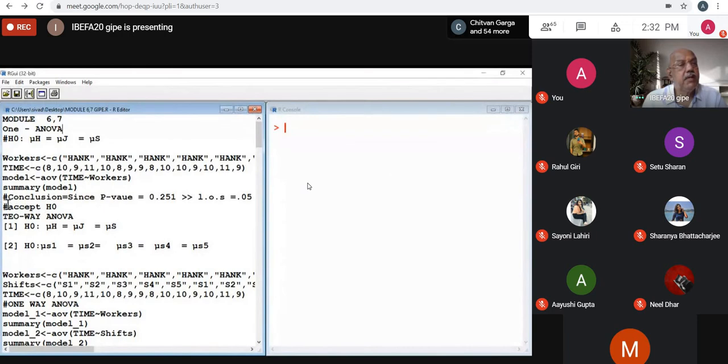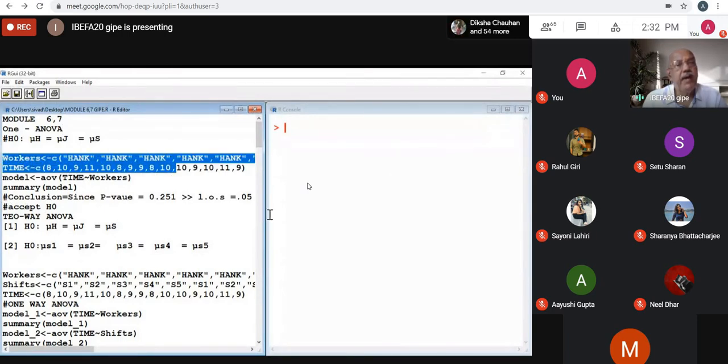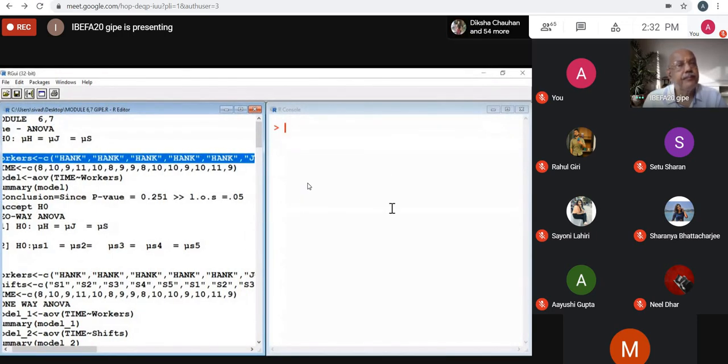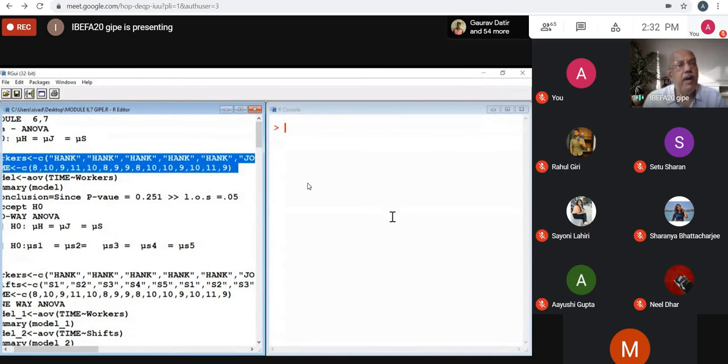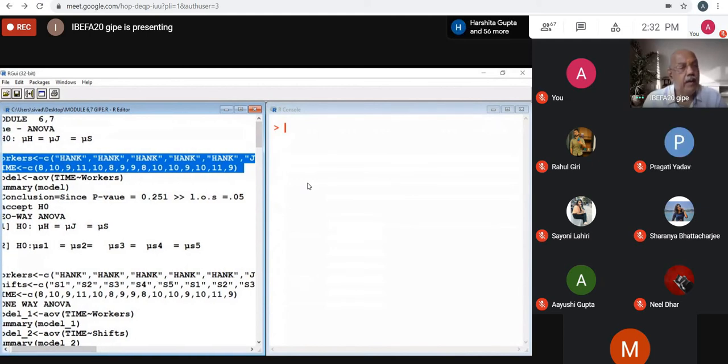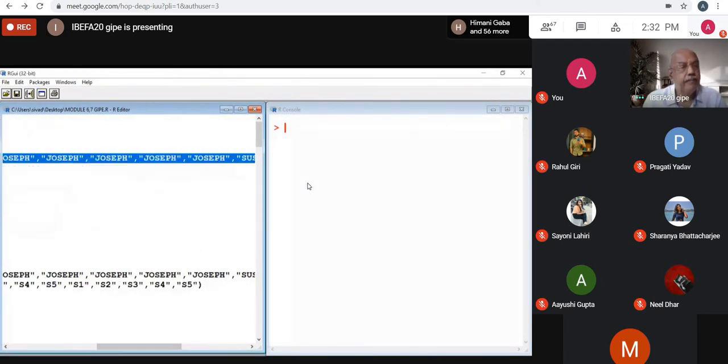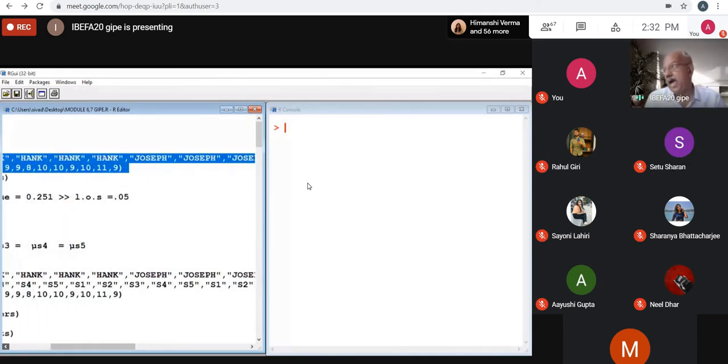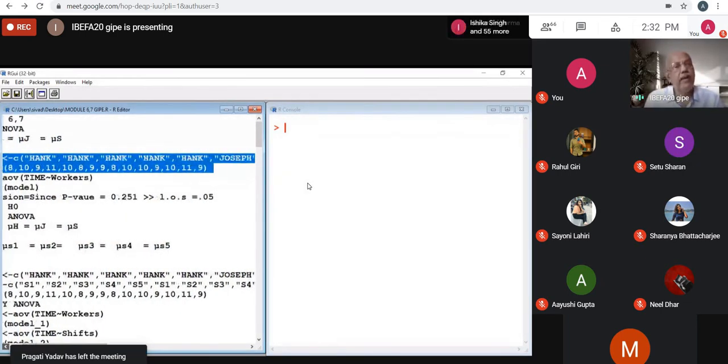Workers, string data, time of assembled, numeric data. And we have here specific model.